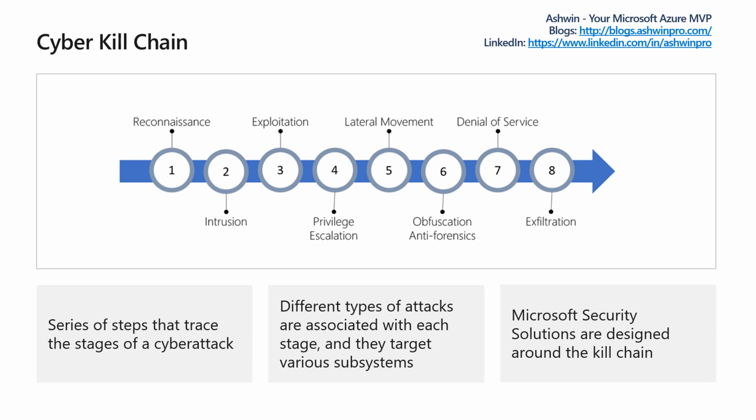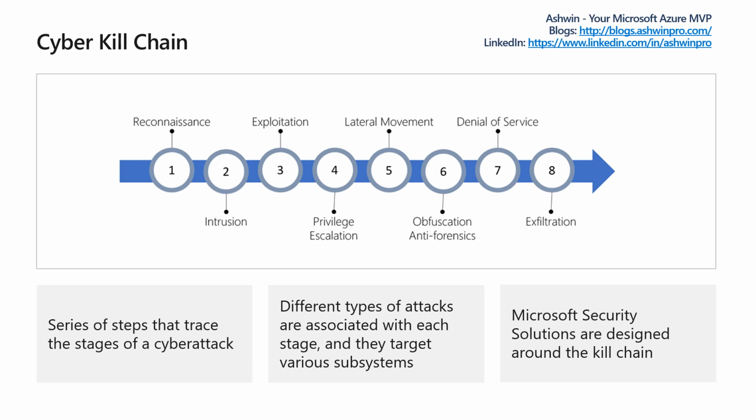Now coming to the next stage, once they have got into the network, is basically trying to disrupt the normal access of the users and system so that they can gain better access, or they will be able to see that system for a longer period of time, and that's basically called denial of service. Once that is done, the final stage is exfiltration. That is basically to get the valuable data out of that compromised system.